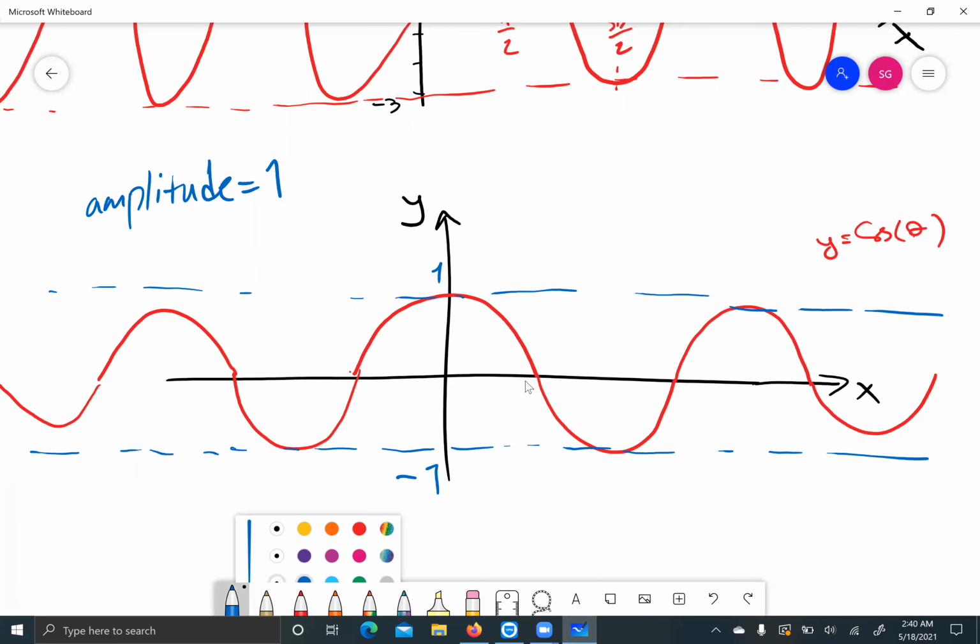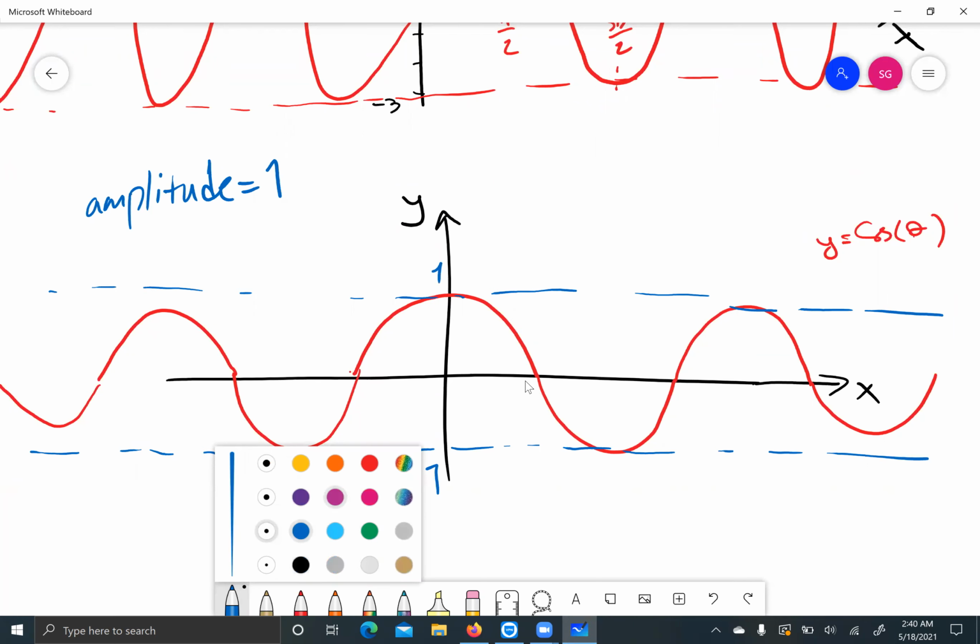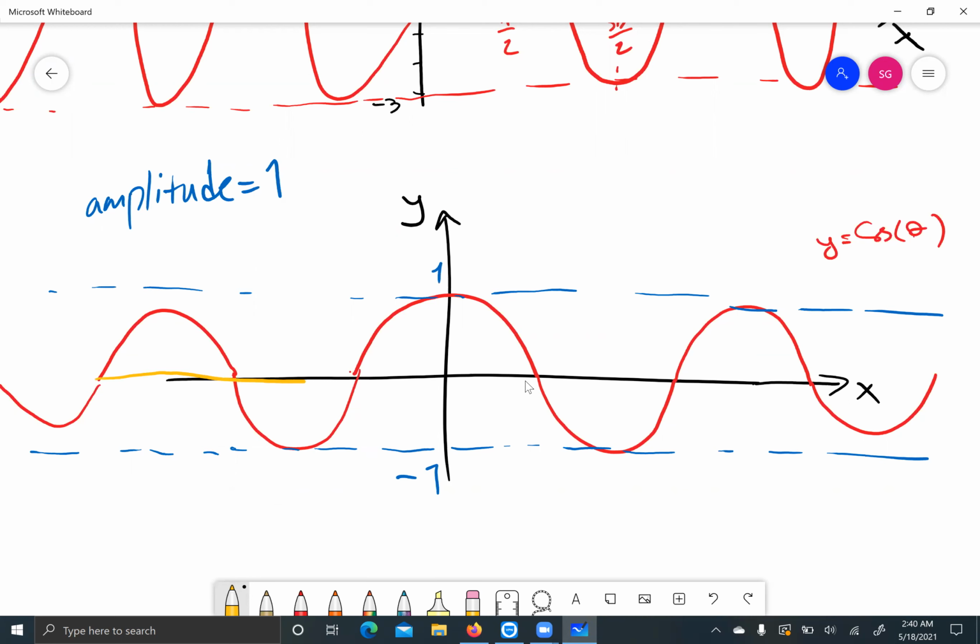What is the midline? The midline is the x-axis in this case. Why? It's kind of like your graph oscillates above and below this line, it's just in the middle of the graph.